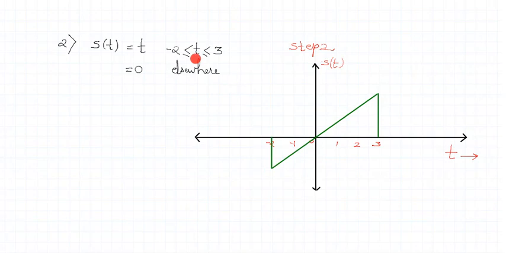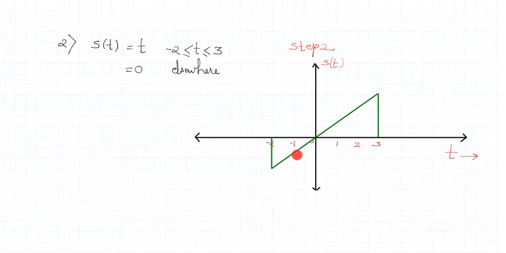Now let me move to the next time. I'll increase the time and make it -1. At t = -1, what is the magnitude of s(t)? s(t) takes the magnitude of -1 because s(t) is t. Whatever is the value of t is the magnitude of s(t). So at -1, the signal takes the magnitude of -1. If you want, you can just show the points here.